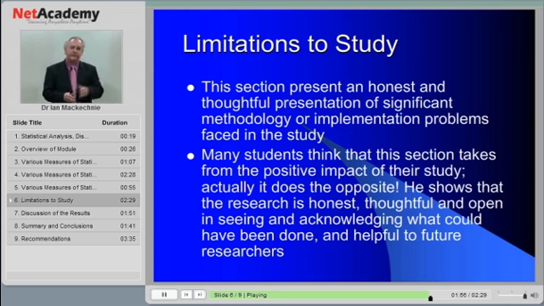Look at someone's thesis, go to the limitation section, find out what their limitations were, because this may be an opportunity for you to redo the research and take into consideration the limitations that the previous researcher faced and overcome those limitations within your study. So make sure that this area is well handled because it is a very, very important part of the study.